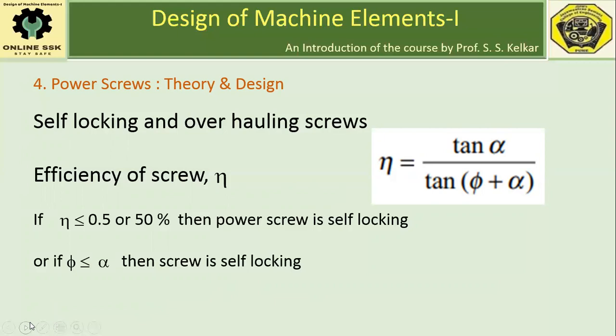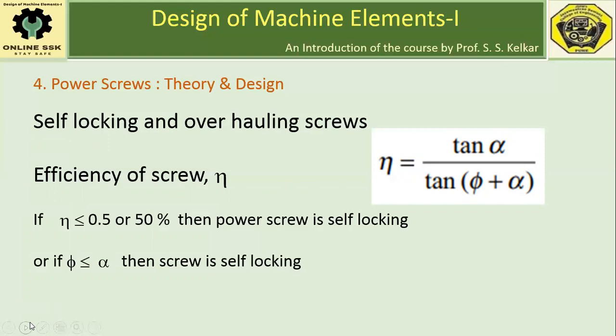Now how to check whether a screw is self-locking or not? For that we have to calculate the efficiency of a screw application. Efficiency of a screw application is given by tan of alpha divided by tan of phi plus alpha, where alpha is the lead angle and phi is the friction angle.